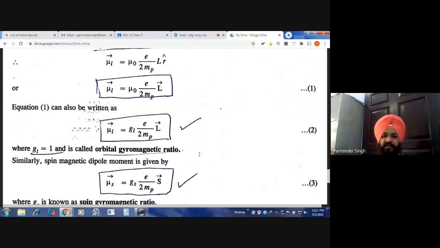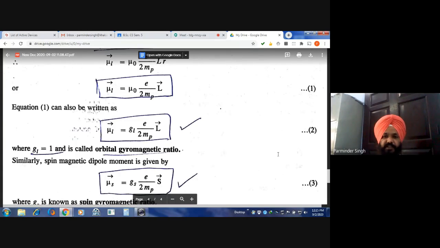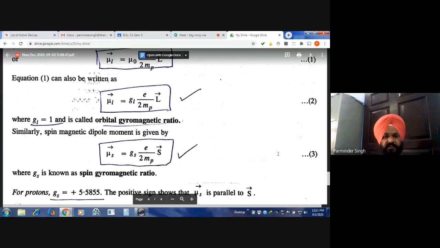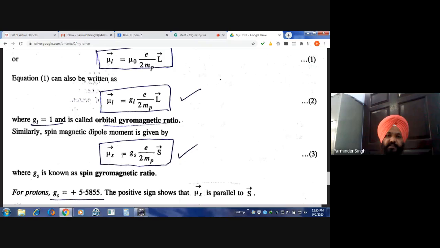So we can put the values μL with GL, and for μS, if we want to find out the spin magnetic dipole moment. Spin magnetic dipole moment is μS, μL is the orbital magnetic dipole moment. For the orbital magnetic dipole moment it is GL, and for the spin magnetic dipole moment it is GS.